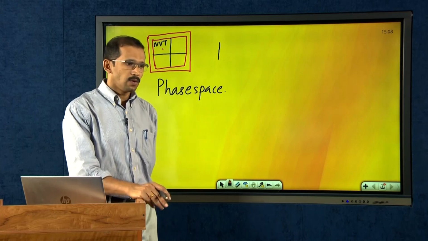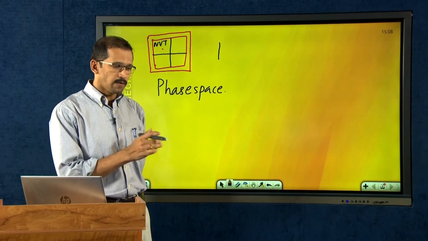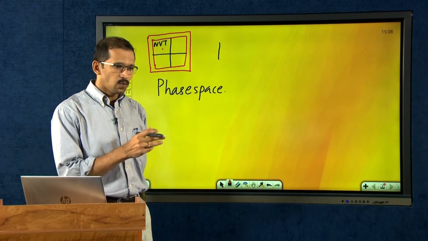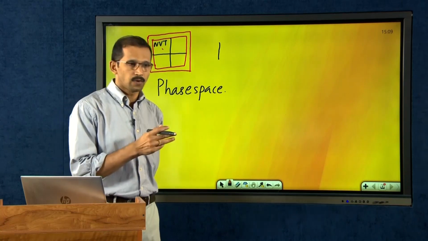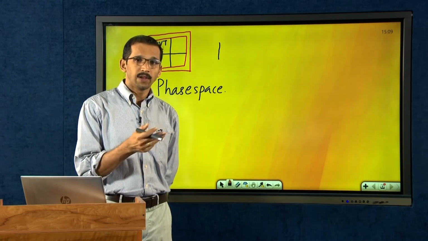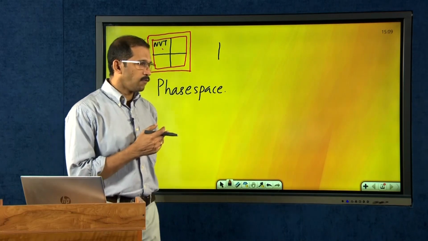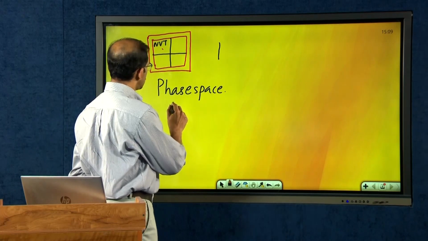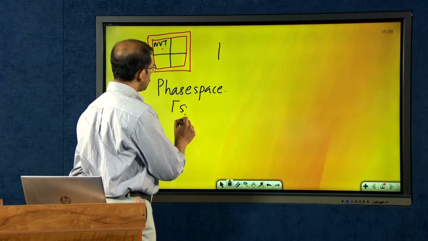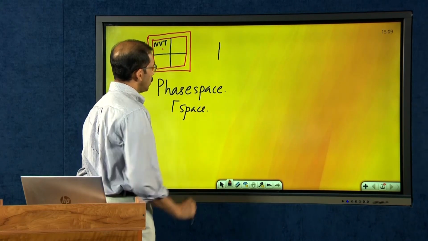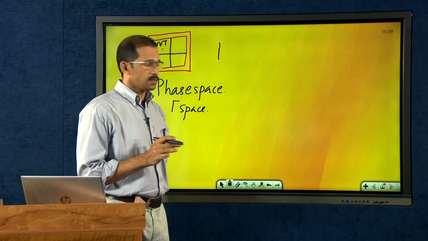Exactly the same concept of phase space is being utilized in statistical mechanics for its classical development. And if you remember, the phase space, which we otherwise call gamma space, is a 6N dimensional space.